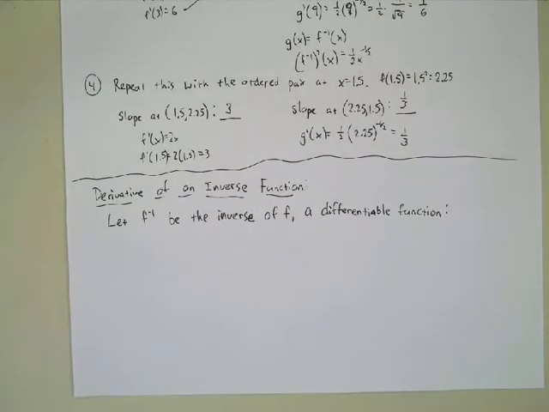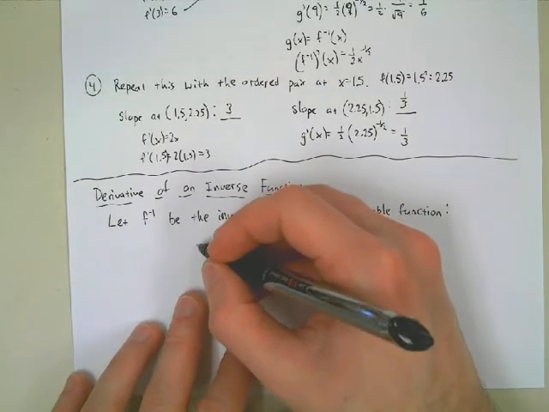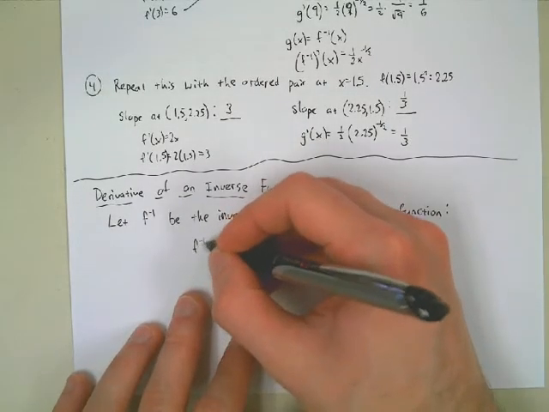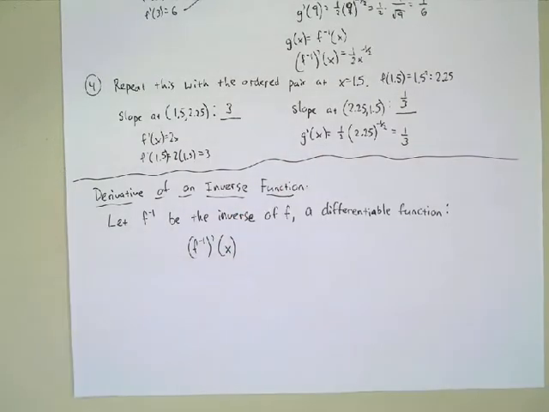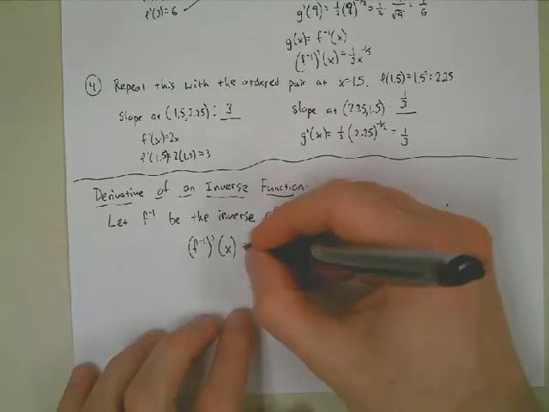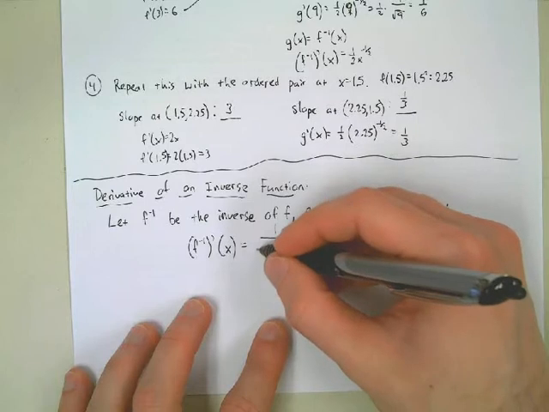Then, here's that relationship in summary of what we were just trying to show. The derivative of the inverse of f is equal to 1 over f prime of f inverse of x.